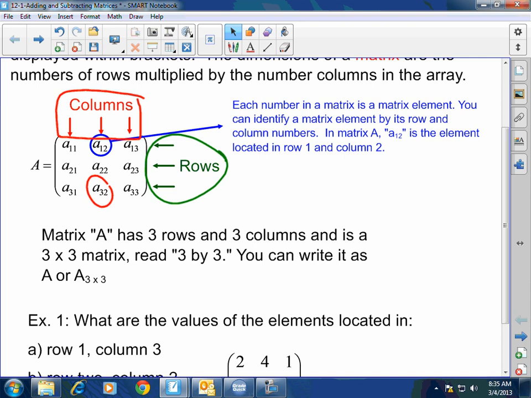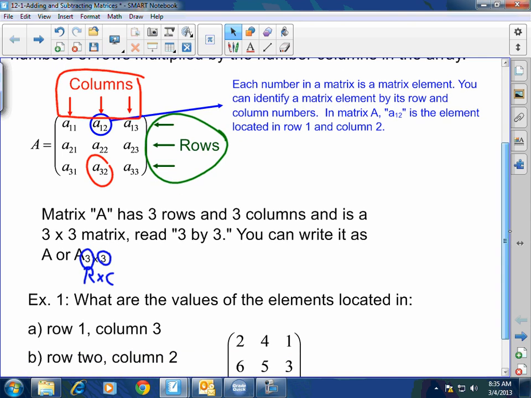Remember, whenever we're talking about how you read a matrix, the rows are the first number, and then the columns are the second number. So we've got rows by columns. Please remember that, okay? If you remember that, you've got no problems with matrices because they're pretty darn simple.